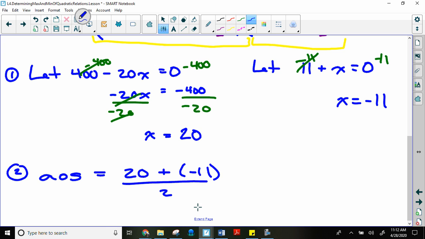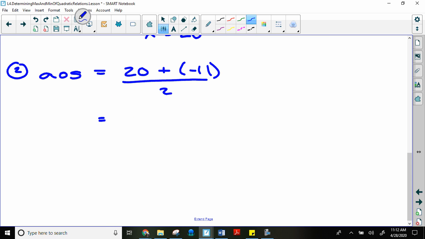Okay, next on page. 20 plus negative 11 is 9, divided by 2 is 4.5. So 9 divided by 2, 4.5. This is the x value of the axis of symmetry.